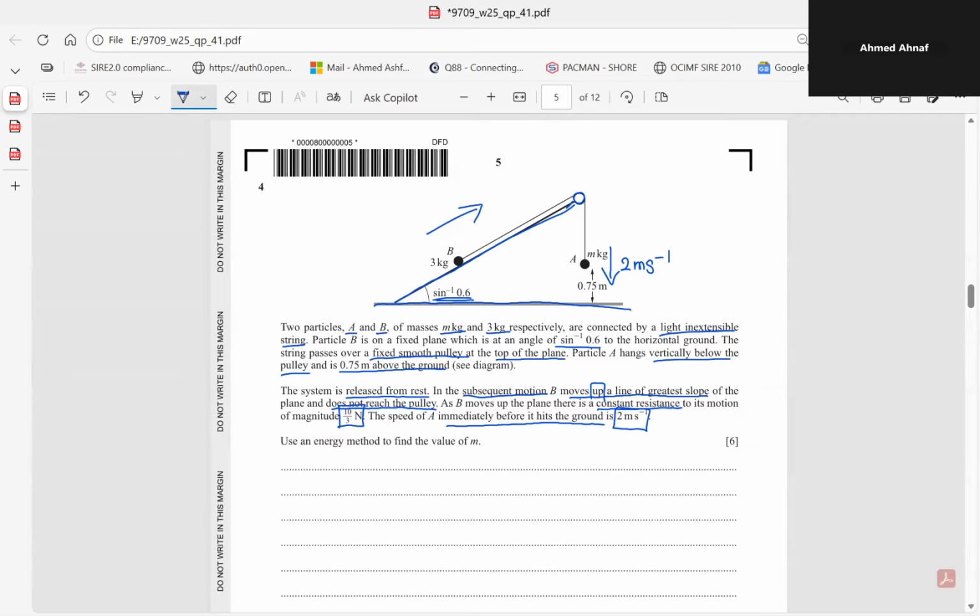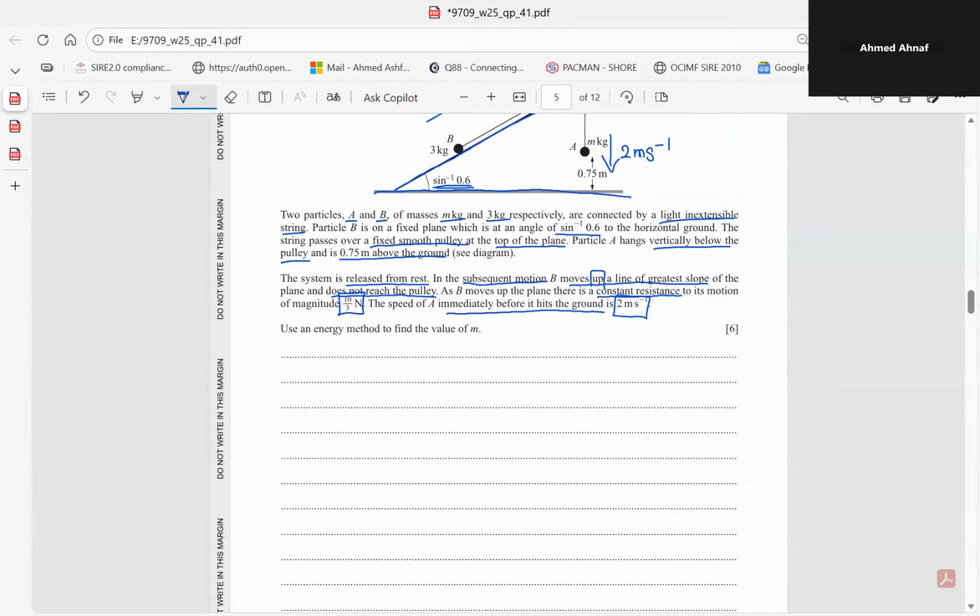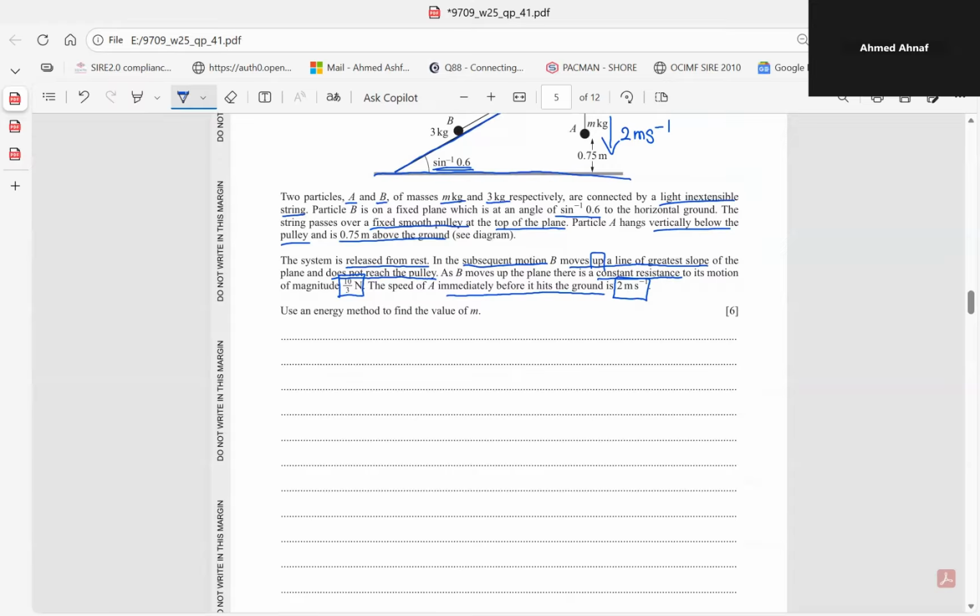So since B and A are connected, logically B should also be moving at 2 meters per second at that very instant right before A hits the ground. Okay? So keep that in mind. And finally, we are told to use an energy method. So what this means is you cannot find the forces and then find the resultant force, use your Newton's second law.